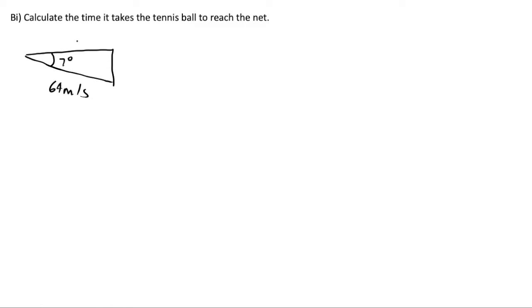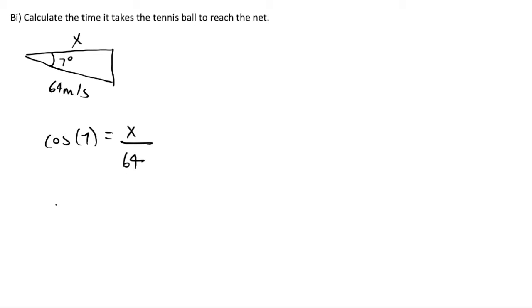So let's find the horizontal component of this velocity. So we need to find the adjacent side to this right angle triangle. How do we do this? Every time we hear adjacent, it automatically means cosine. So cosine of 7 is equal to the adjacent side over the hypotenuse.